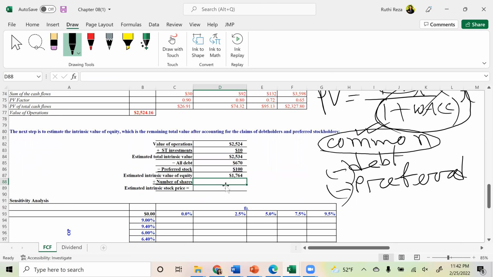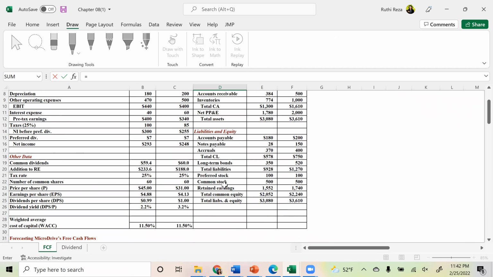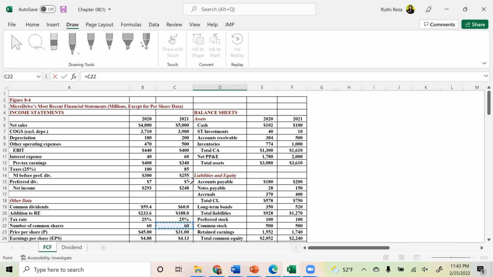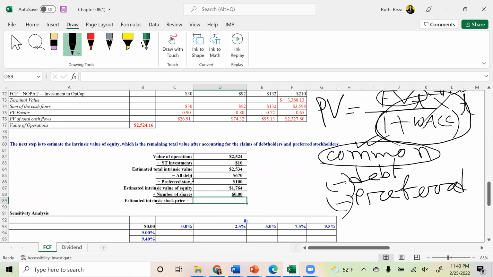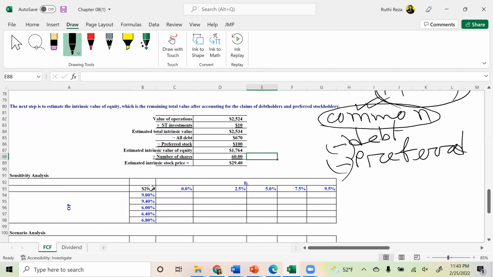So total intrinsic value for the equity holders is 1,764. Now let us collect number of shares outstanding. And here, number of shares outstanding in the base year is 60. Then the estimated intrinsic stock price is the total intrinsic value for the common shareholders divided by number of shares outstanding. In this case, it is $29.40. Okay.